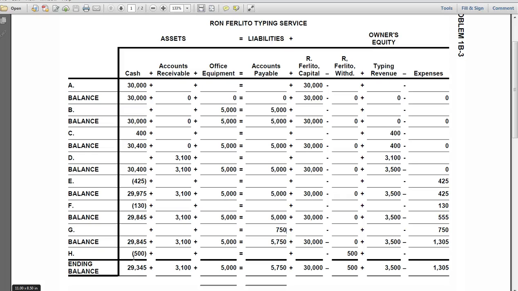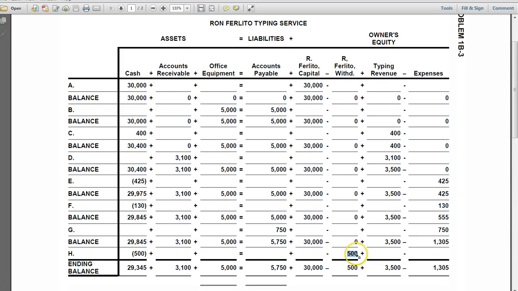So finally, in transaction H, it reads withdrew cash for personal use, and that's an obvious reduction in owner's equity. It's not a business expense because it's not incurred on behalf of earning revenue. It's for personal expenditures.